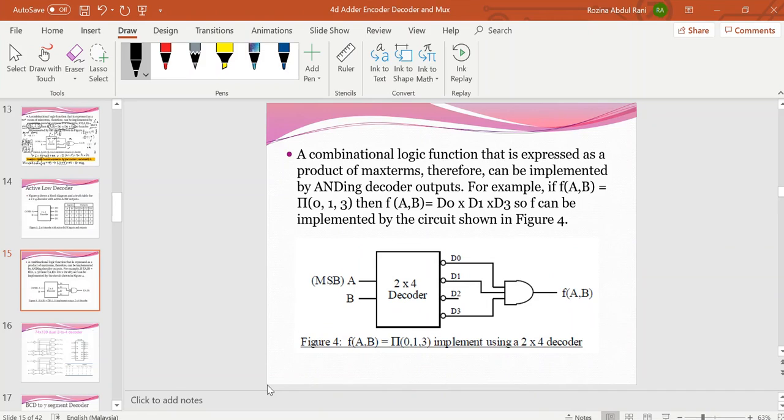Let's say here we have another example, a combinational logic function that is expressed as a product of max terms. Because the active low decoder operation is opposite to that of the active high decoder, for active high we consider SOP, sum of products or min terms, but for active low we consider max terms.